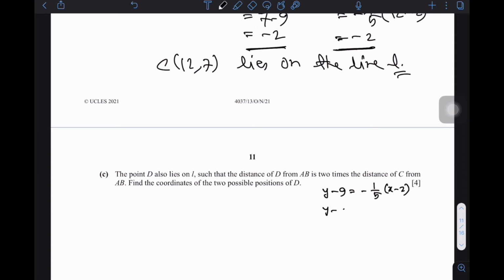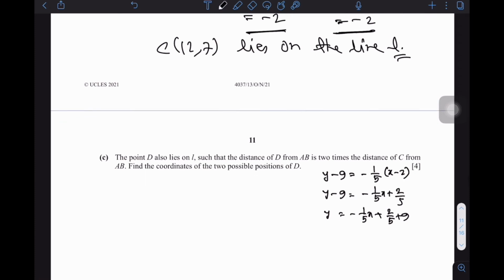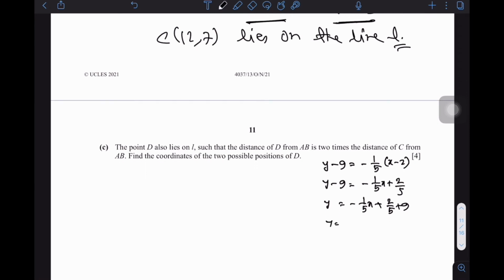Now y minus 9 equals minus 1 by 5 x plus 2 by 5. y equals minus 1 by 5 x plus 2 by 5 plus 9. y equals minus 1 by 5 x plus 47 by 5.